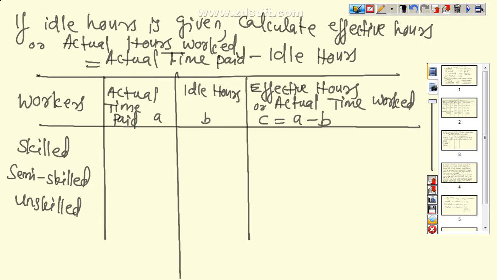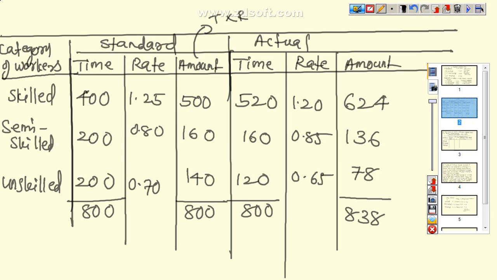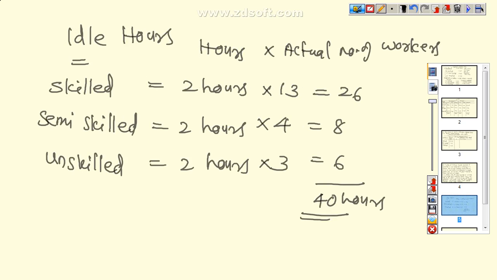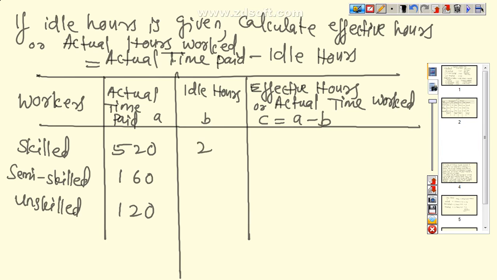So actual time paid means the actual hours we have paid. So here it is actual time 520, 160 and 120. Idle hours, already we have calculated: 26, 8 and 6. In order to calculate actual time worked, we have to deduct the idle hours from actual time paid for.